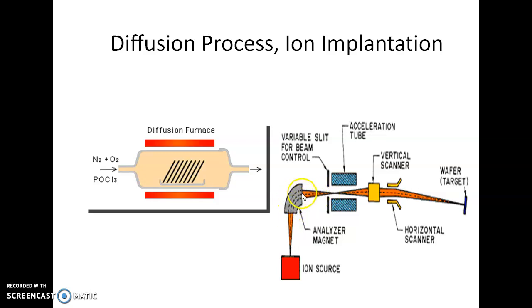Exactly, it takes a 90 degree tilt, and through the variable slit, accelerator tube, and vertical and horizontal scanner, the high energy beam strikes the target without any deflections, so that it can hit the target with very high energy.